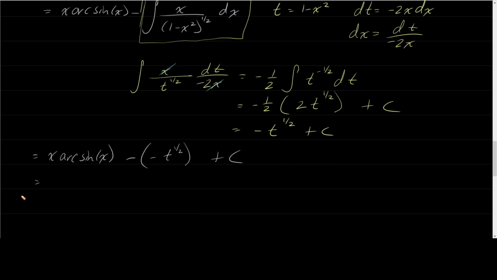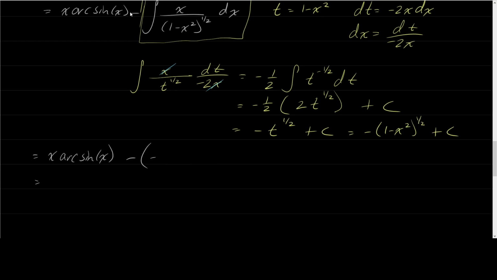So in here, the problem should not be about t. Oh, look at that, I should have done that before. I should have rewritten this as the negative of, well, t was 1 minus x squared, so 1 minus x squared to the 1/2 plus c. There we go. So that's what I'll write over here.